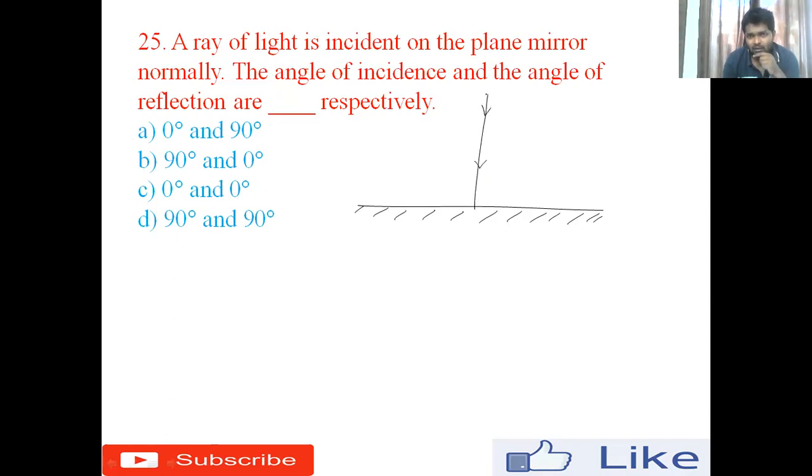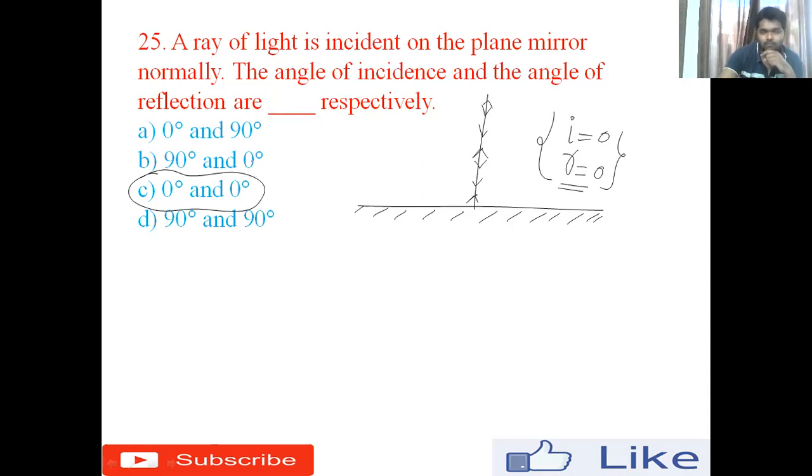Whenever the light passes along the normal, the angle of incidence is taken as 0, and obviously it will reflect back along the same path, so the angle of reflection is also 0. Remember, whenever the light passes along the normal, the angle of incidence and angle of reflection are both 0. So the right answer for this question is option C, 0 degree.